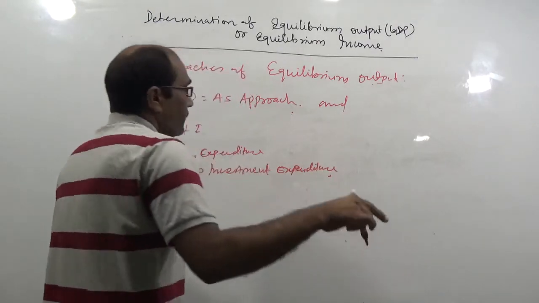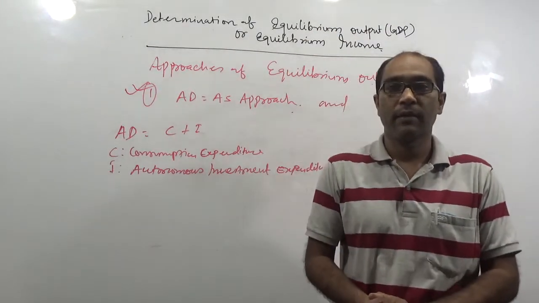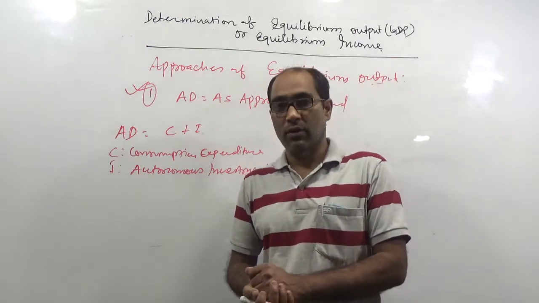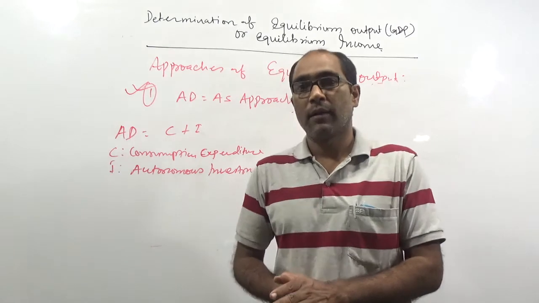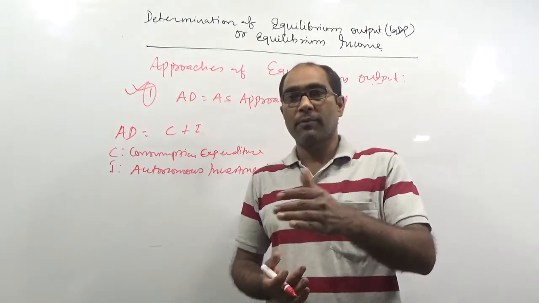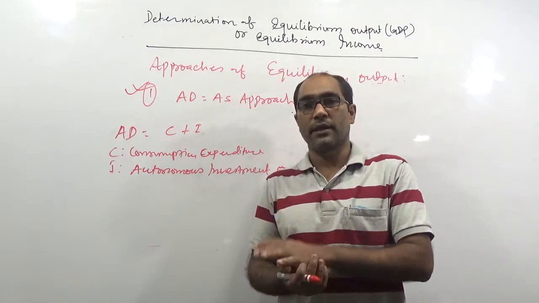Actually, there are two types of investment: autonomous and induced. Autonomous investment is independent from level of income. It's given and unchanged.